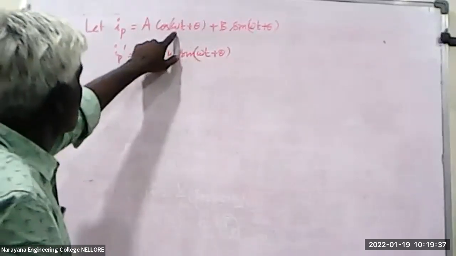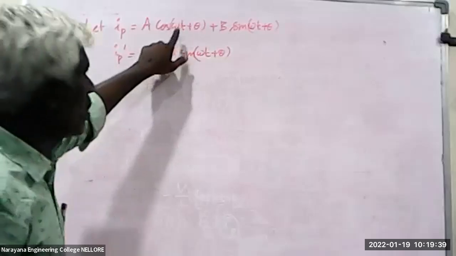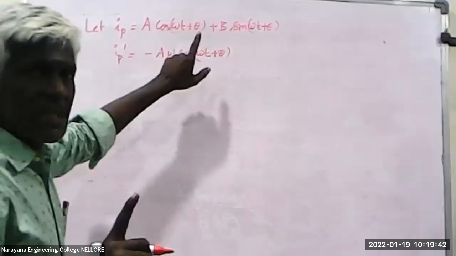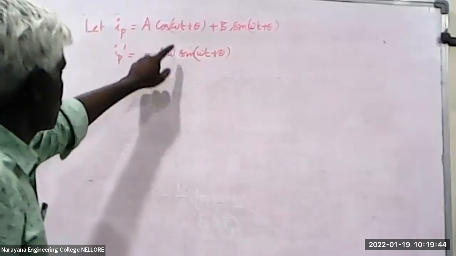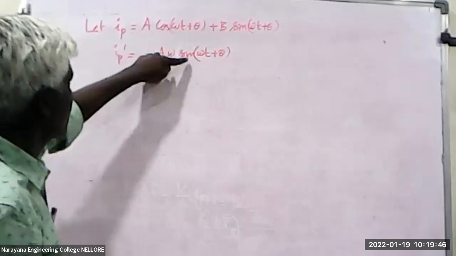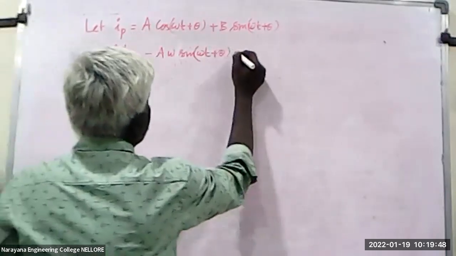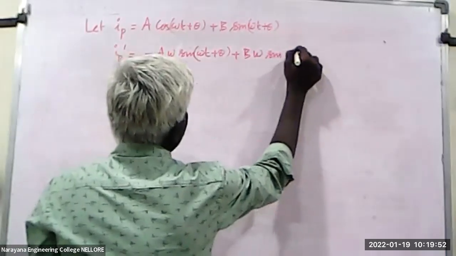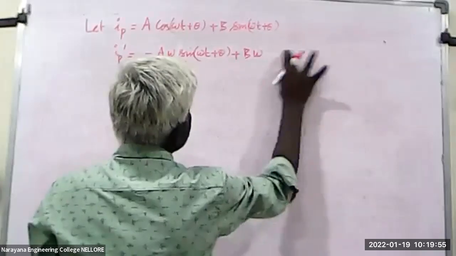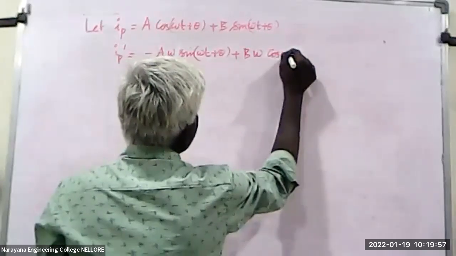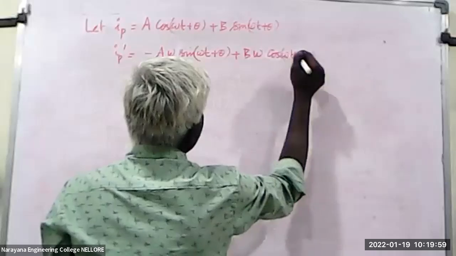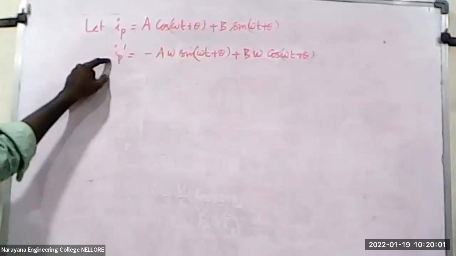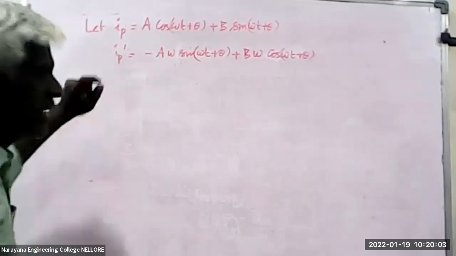We differentiate with respect to time, okay, not ωt, with respect to t only, so that we get cos into, when we differentiate cos, we get minus sin, and then plus B ω cos(ωt + θ). So this is my di by dt.